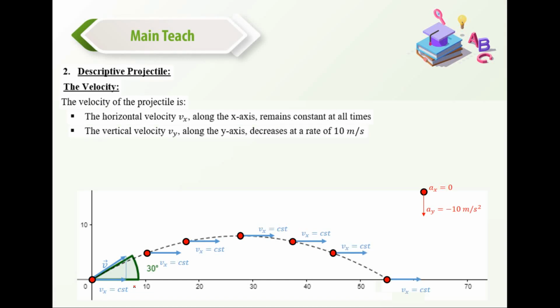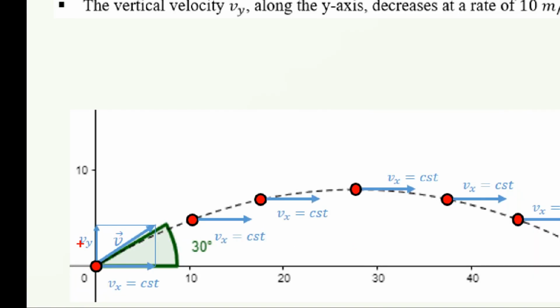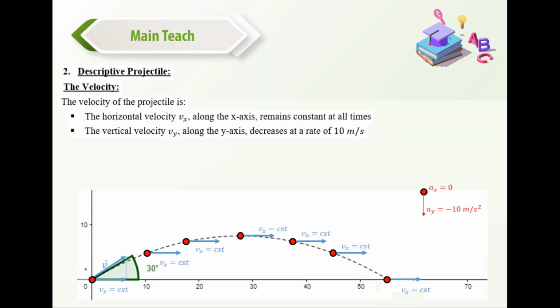The vertical velocity Vy along the y-axis decreases at a rate of 10 meters per second every second, because the acceleration is pointing downward, and it will destroy Vy until it momentarily becomes at rest, then it will generate it back downward. So Vy initially can be determined by decomposing V along the y direction. Along the upward motion, it will decrease until it momentarily becomes 0, then it will be generated back again.